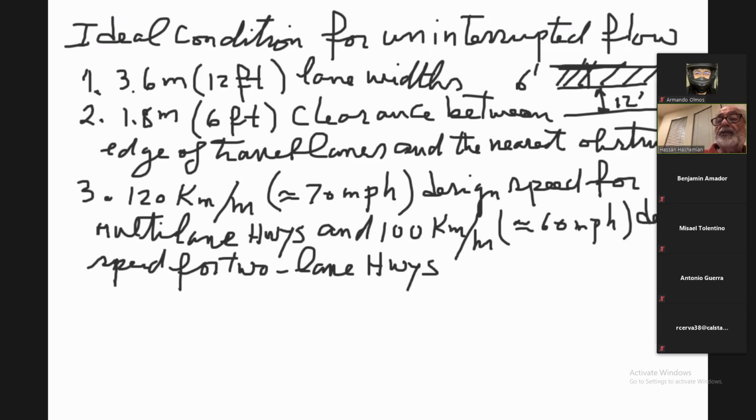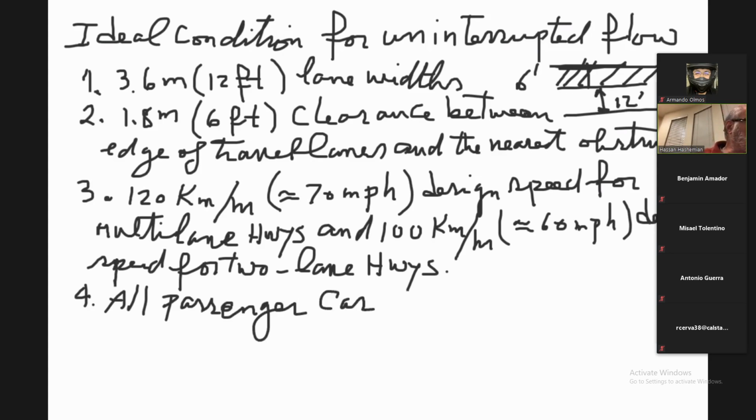That's the third condition. You should have at least 70 miles per hour design speed for multi-lane highways and at least 60 miles per hour design speed for 2-lane highways. And all passenger cars in the traffic stream.